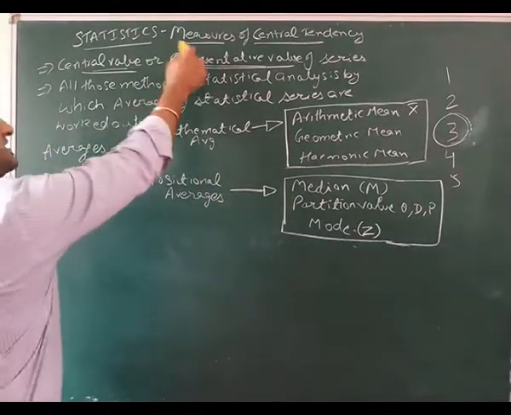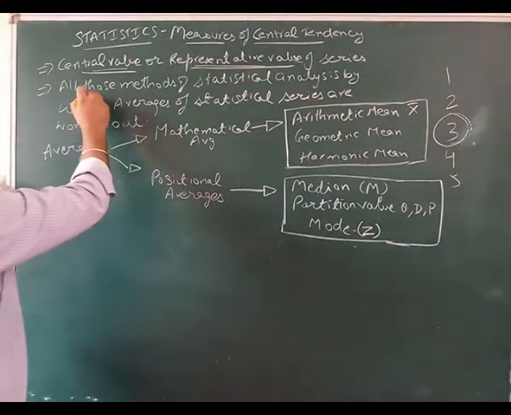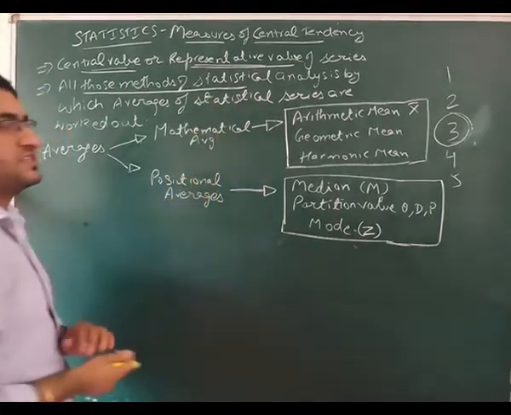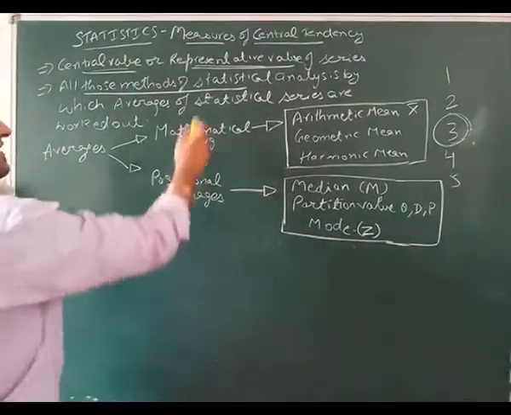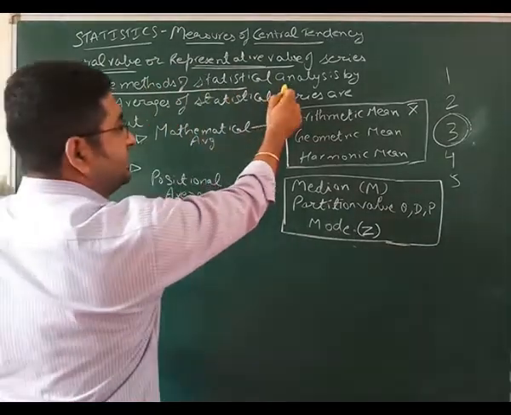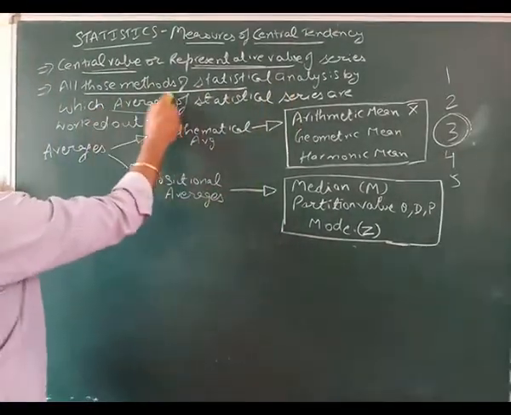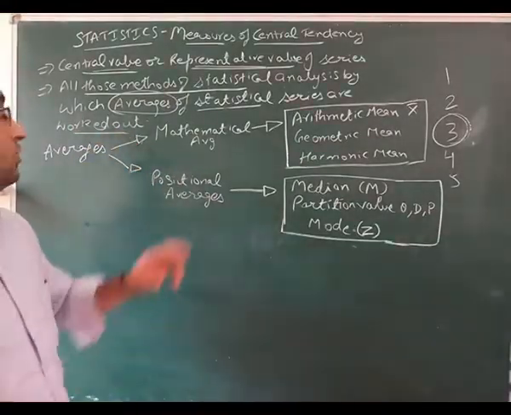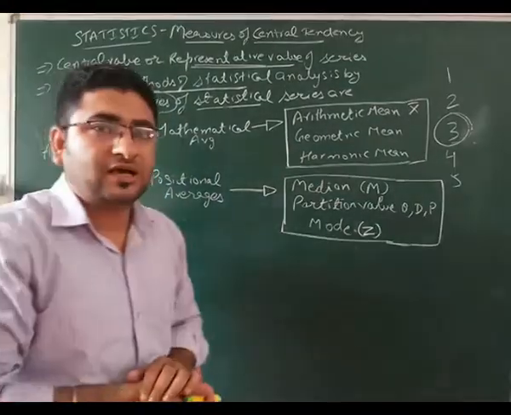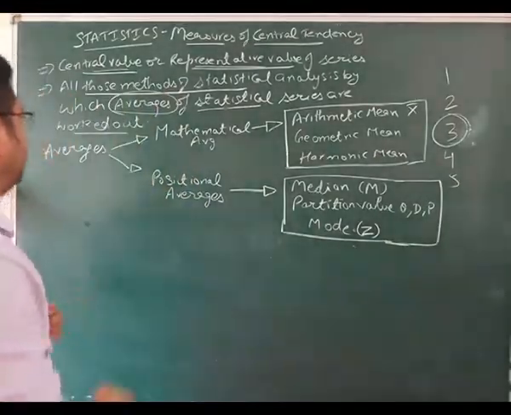Now what does central tendency mean? It includes all those methods of statistical analysis by which averages of statistical series are worked out. Now let us understand what an average is.